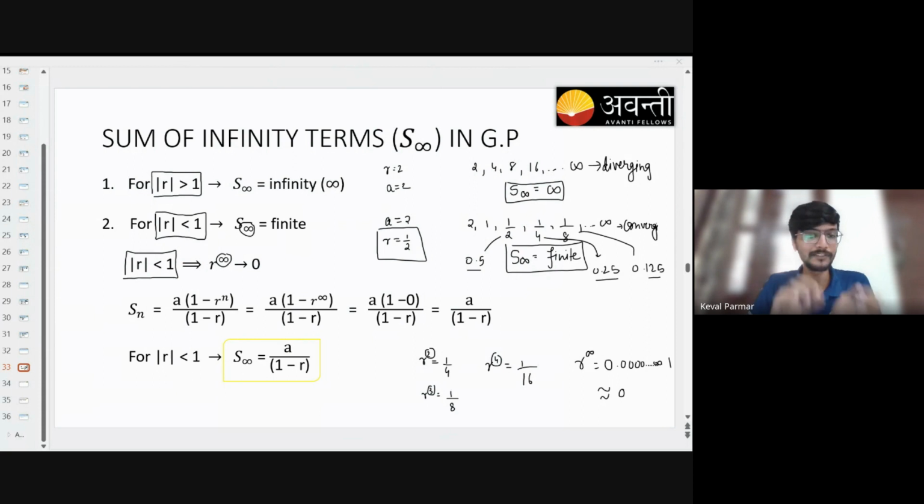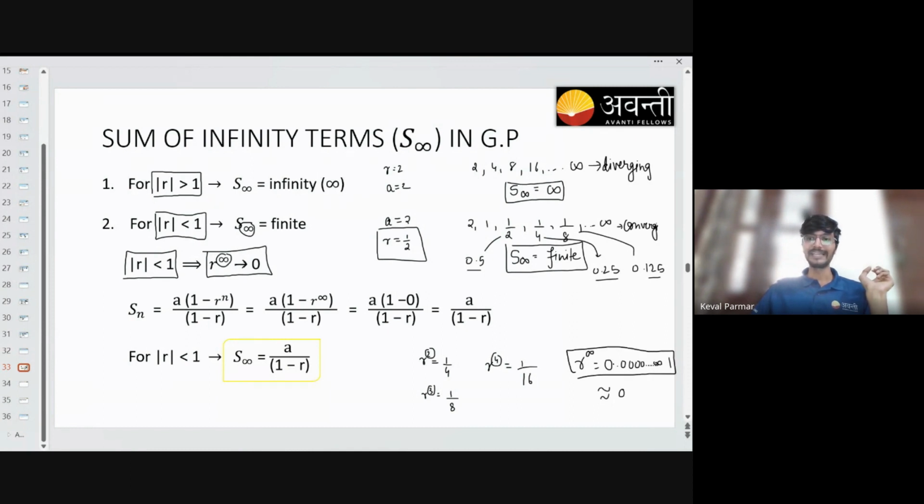Who will sit and write 0.00001 that many times? So R raised to the power infinity tends to 0. See, this is the symbol of tends to. We did not write equal to. Why? Because it is not exactly equal to 0, there is a 1 at the end, 0.00001. So we cannot put equality. We say tends to 0 or approximately equals to 0.